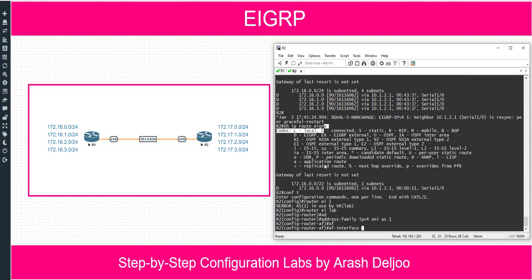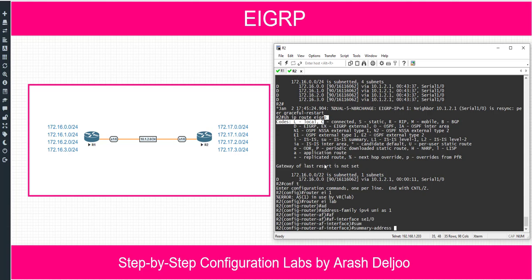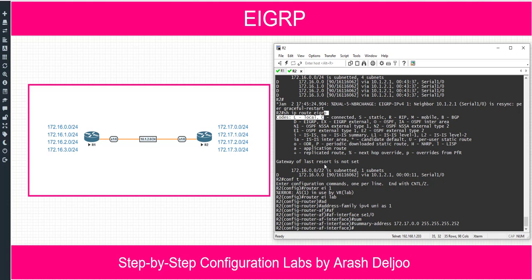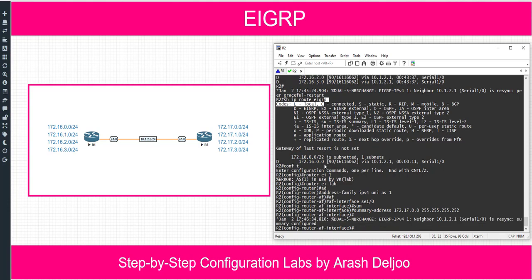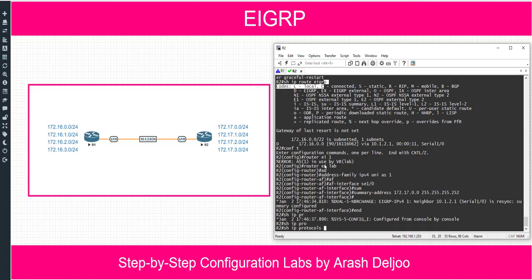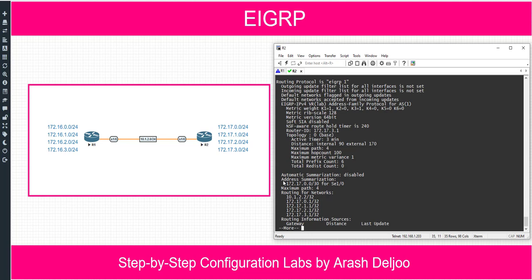Here again we should configure this command on the af-interface serial 1/0, then summary-address, after that 172.17.0.0.